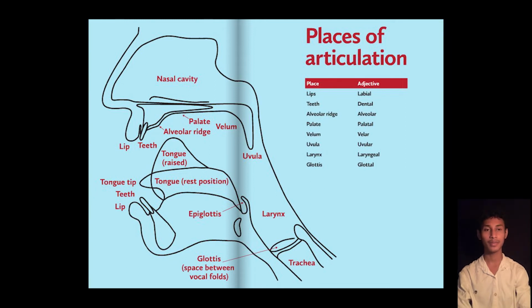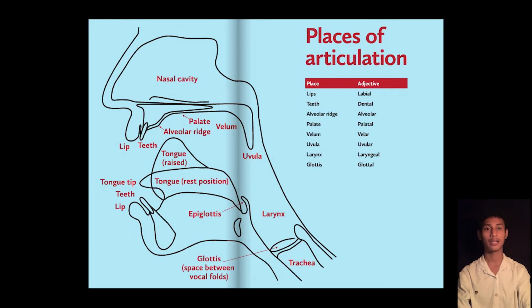The second place is teeth, and the adjective is dental. The third is alveolar ridge, and the adjective is alveolar. And the next is the palate, and the adjective is palatal.